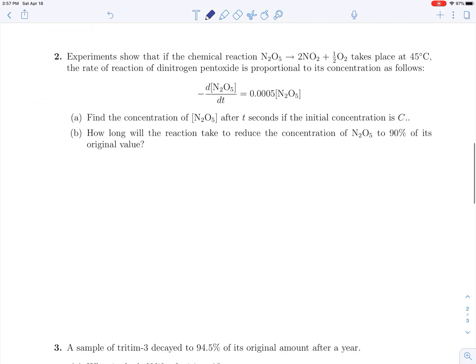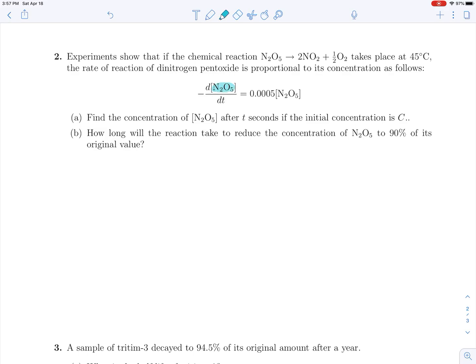Second example. Experiments show that if a chemical reaction, and the chemical reaction there is given, takes place at 45 degrees Celsius, the rate of reaction of dinitrogen pentoxide is proportional to its concentration as follows. So what they just told you is what is written here.